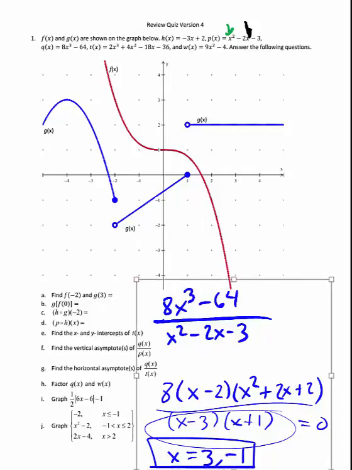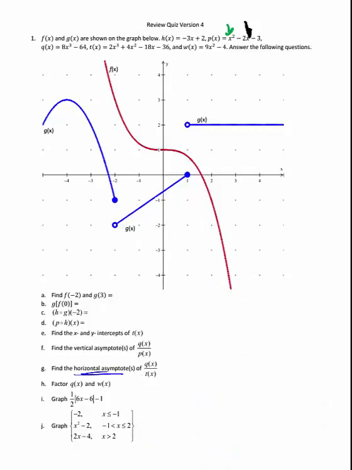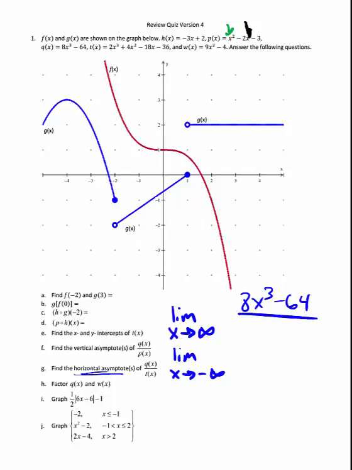Letter G is horizontal asymptotes. Really, when you see horizontal asymptotes from now on, you want to think of it as the limit as x approaches infinity and the limit as x approaches negative infinity. And this is going to be of 8x cubed minus 64 divided by 2x cubed plus 4x squared minus 18x minus 36.